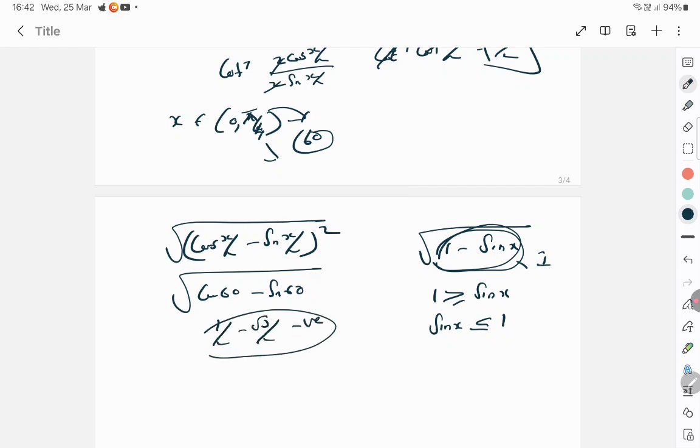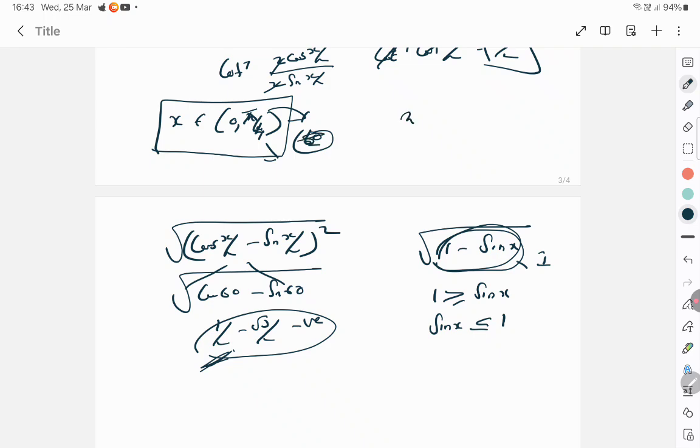Obviously, you're getting a negative answer here. A square root function's value should always be positive according to relations and functions. And when the root and square get cancelled, it cannot have a negative value. So you should understand that this has to lie only between 0 and pi by 4.